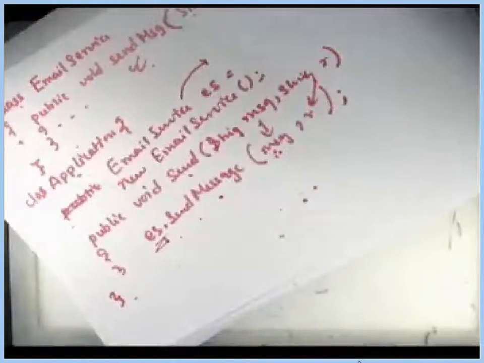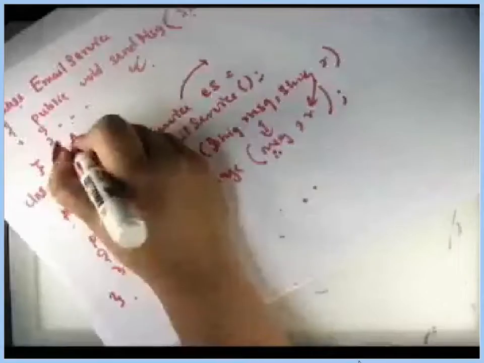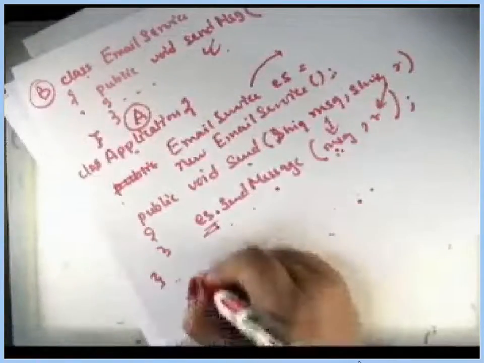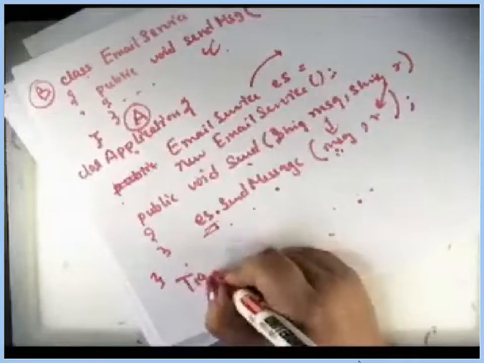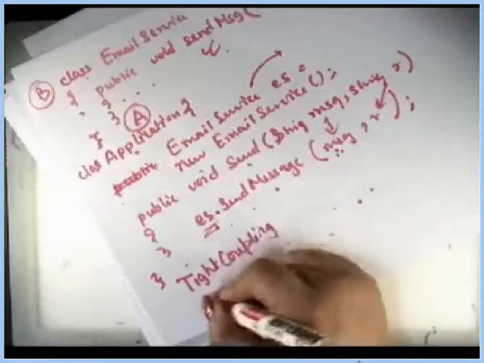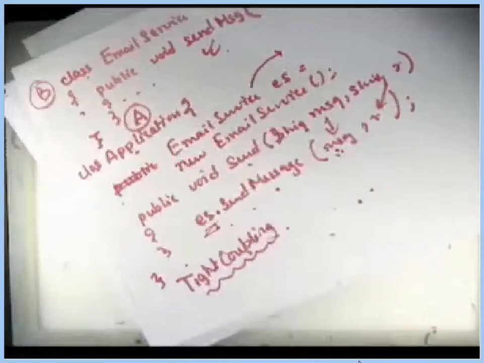So there is a direct linking, a very strict bonding between the classes and objects, between the application class, let's say class A, and class B. This is what I was trying to tell you. This is called tight coupling. Alright.